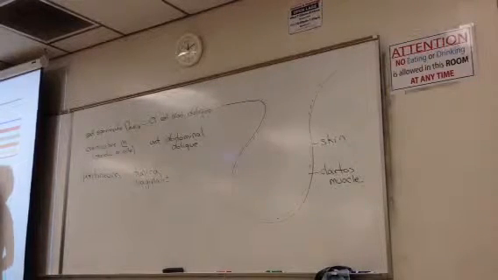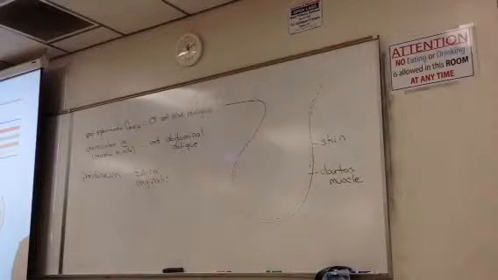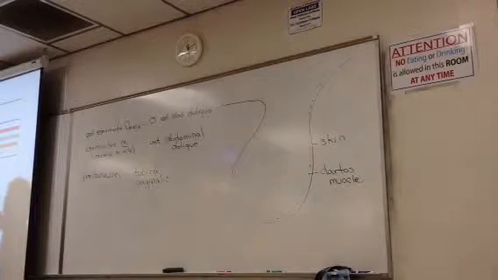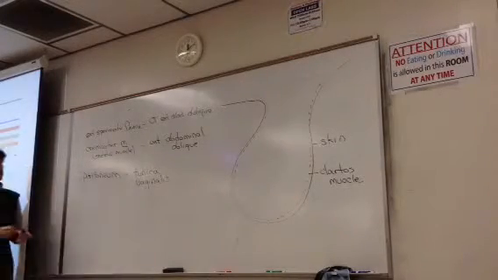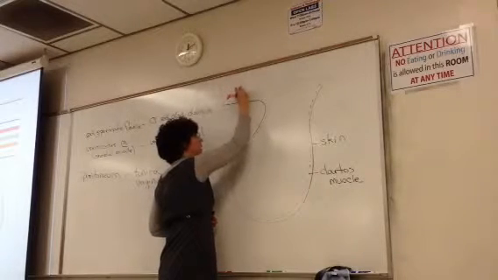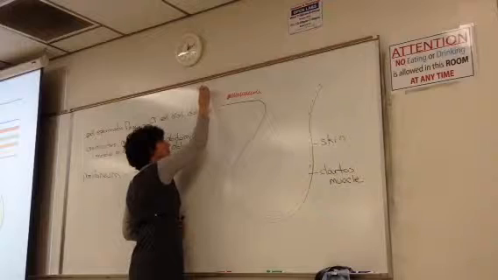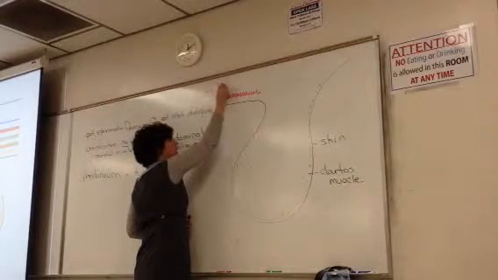The next is the external abdominal oblique up here. But remember, that muscle doesn't extend into the inguinal canal. Only its fascia does.